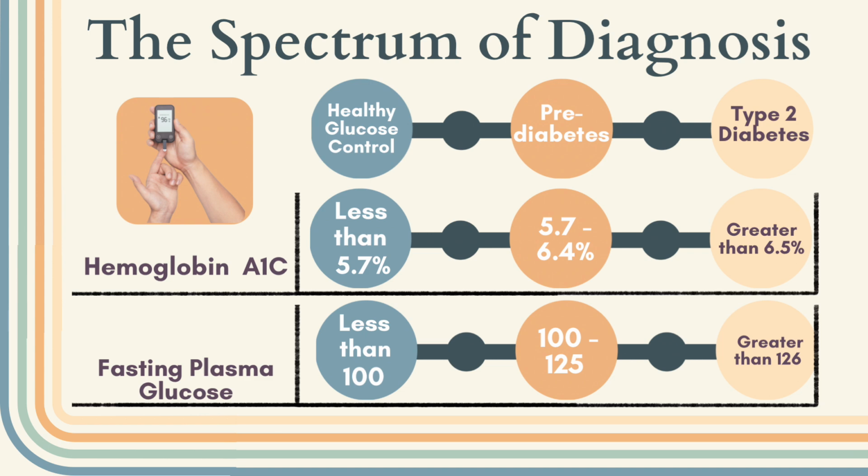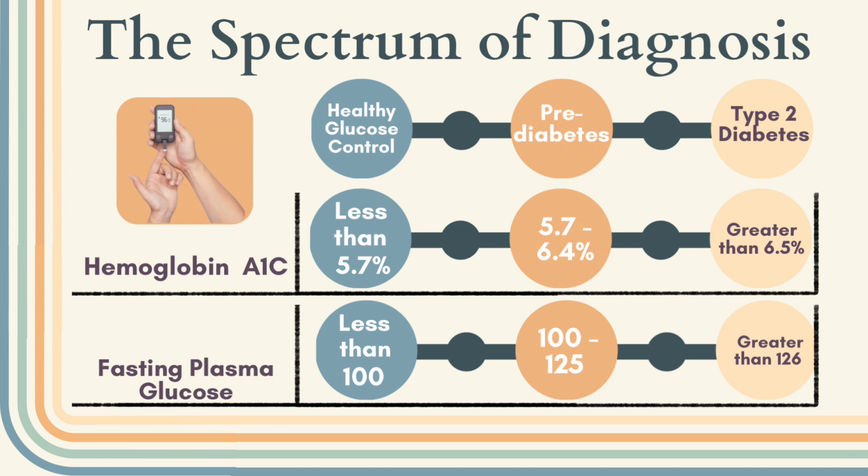So that tells us, hey, this person is doing great on their blood glucose or there's a problem. That's very different than using a fasting plasma glucose. A fasting plasma glucose is all that's going to tell us what your blood sugar is at that very moment in time.